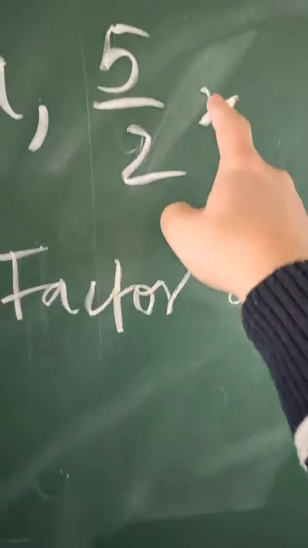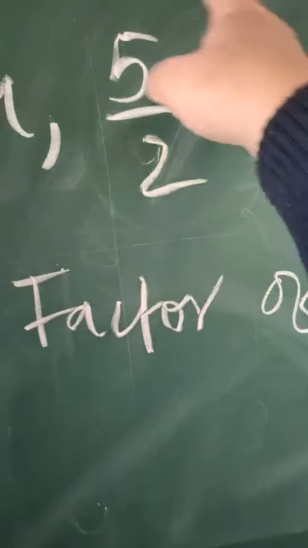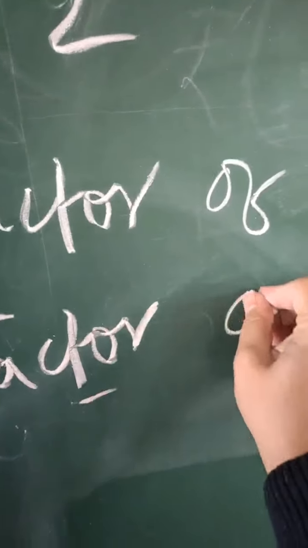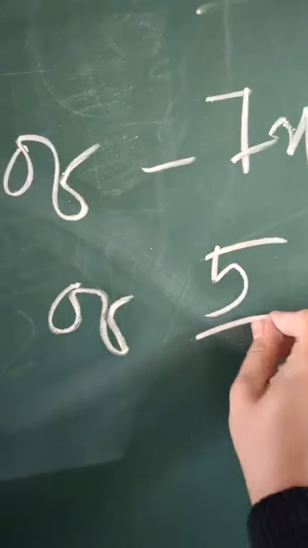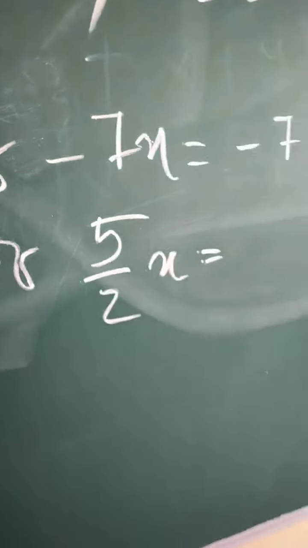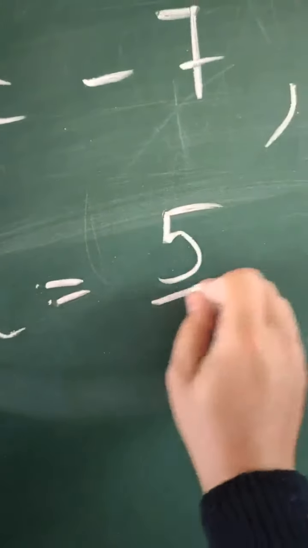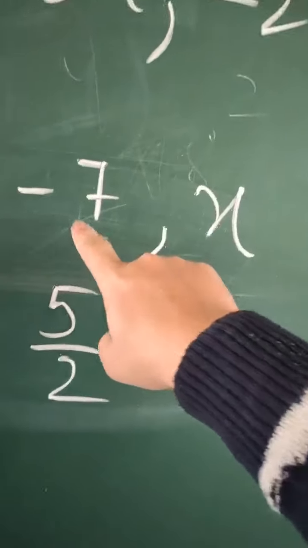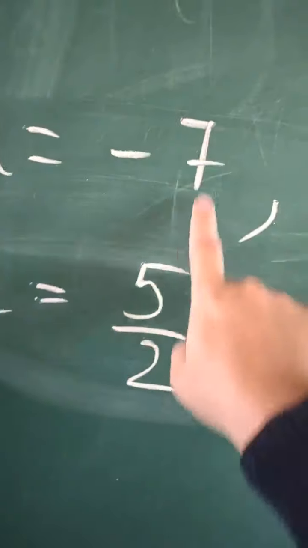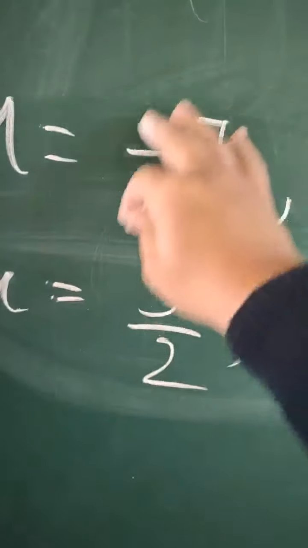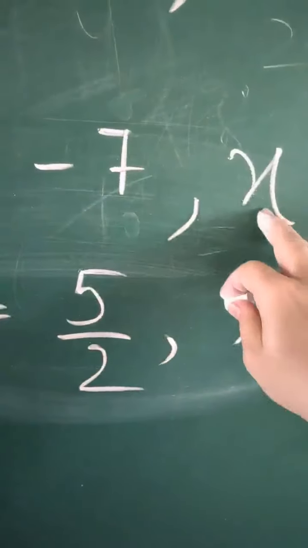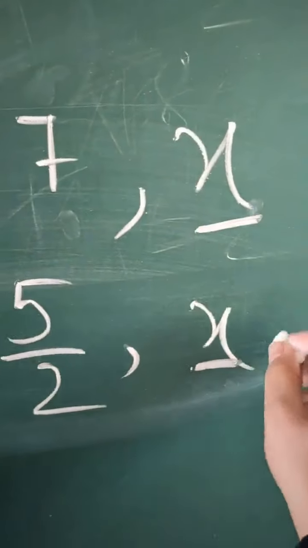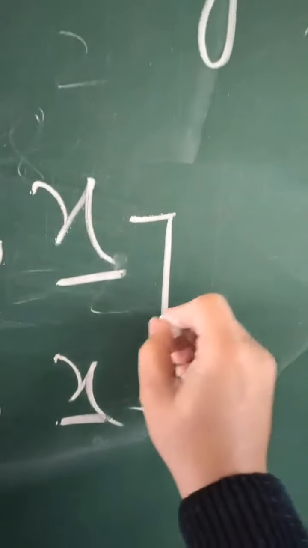And the factor of 5 by 2x will be written as 5 by 2 first of all as a coefficient, and then x. So it's no issue if the coefficients are not matching; we will not consider the coefficient. We have to consider the variable. So the variable here is the same, so it is a like term.